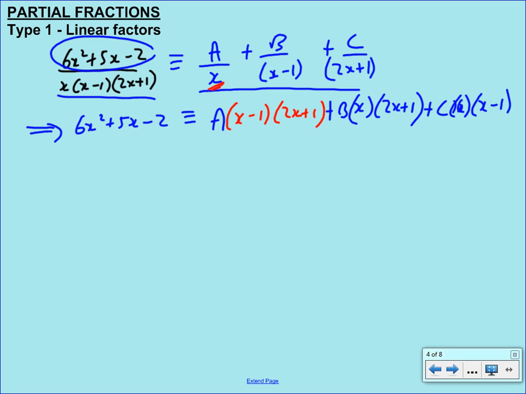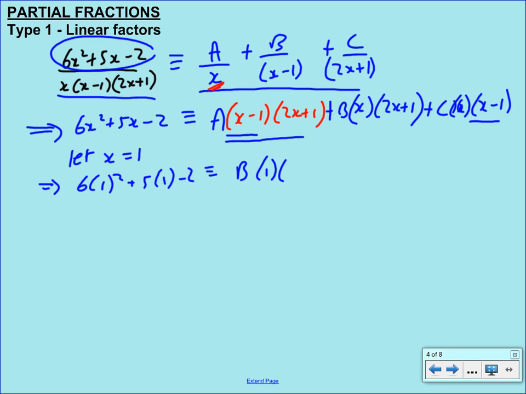Again, I'm trying to get rid of brackets. So to get rid of this bracket, say, and this one, I'm going to let x equals 1. Let x equal 1 implies 6 times 1 squared plus 5 times 1 minus 2 on the left-hand side. Don't even need to write this because this goes. Equals b, 1, 2 times 1 plus 1.